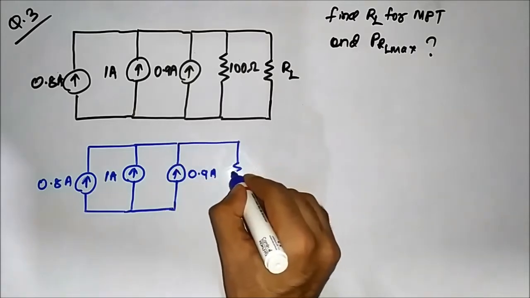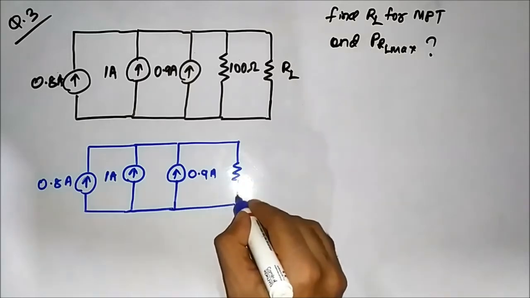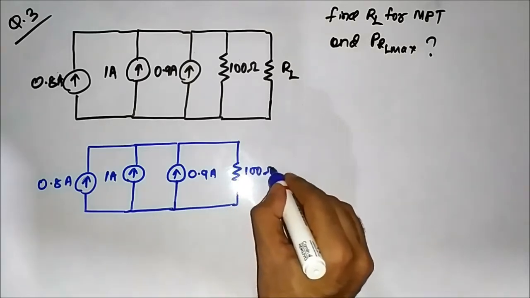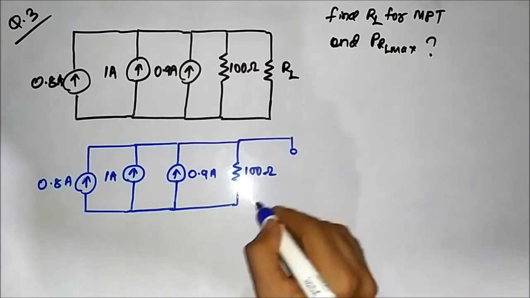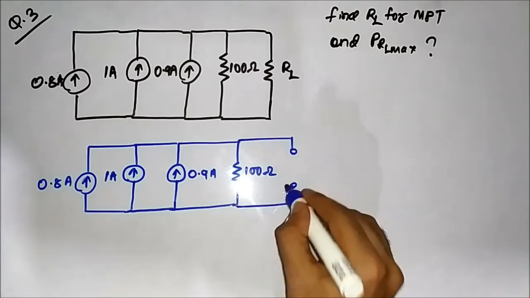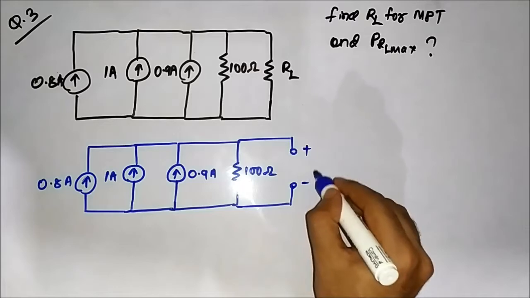Then we have 100 ohm, and we have to open circuit this to find first VTH.